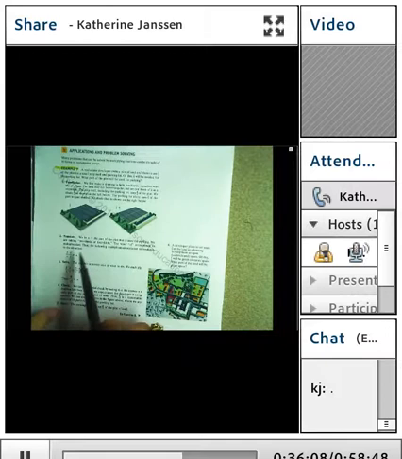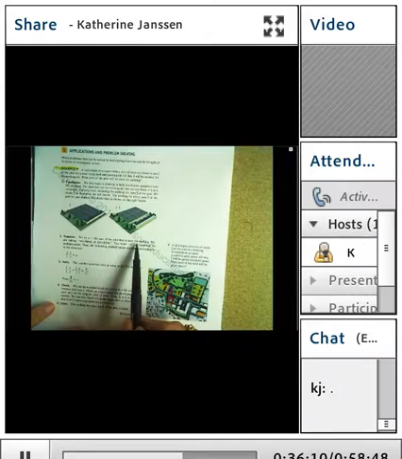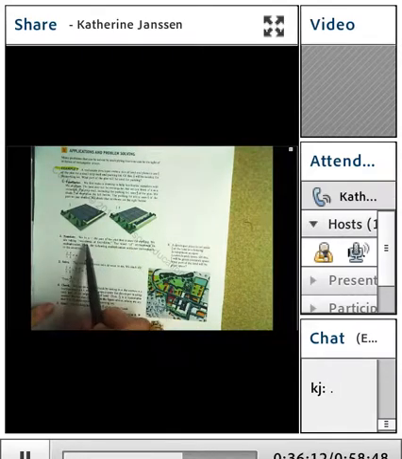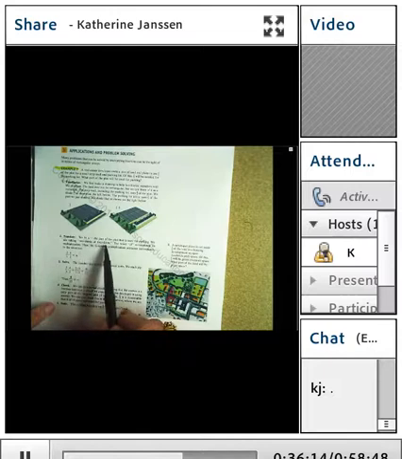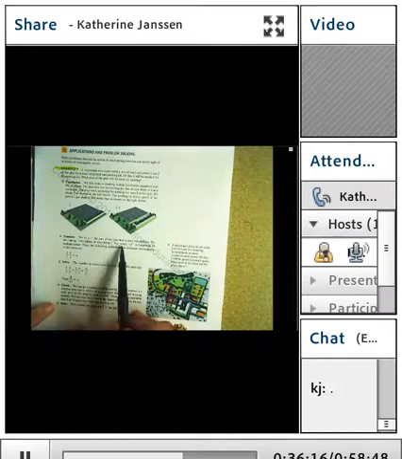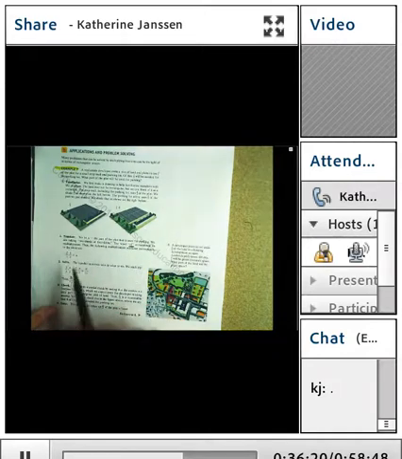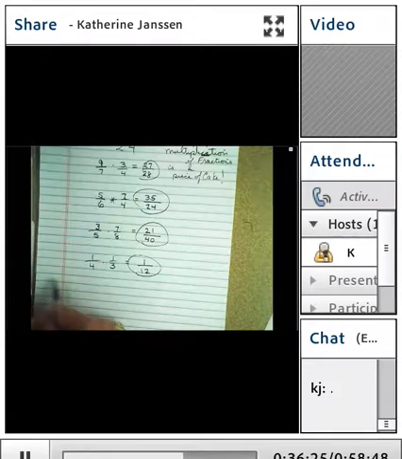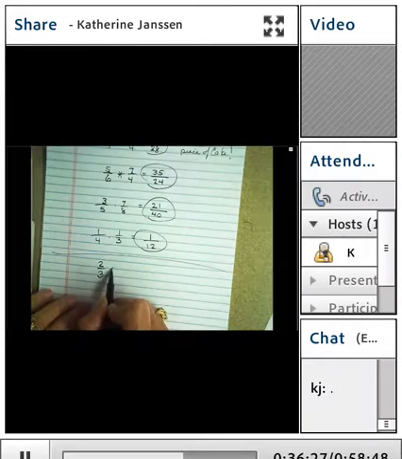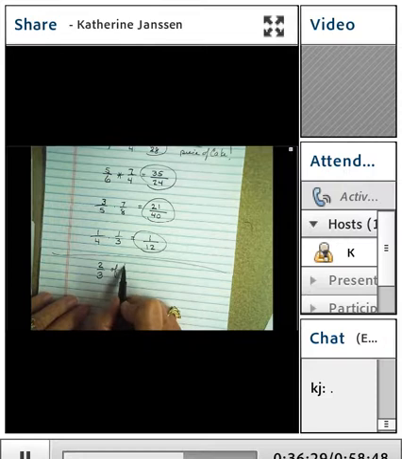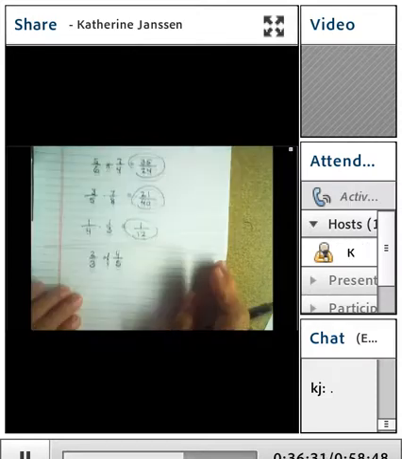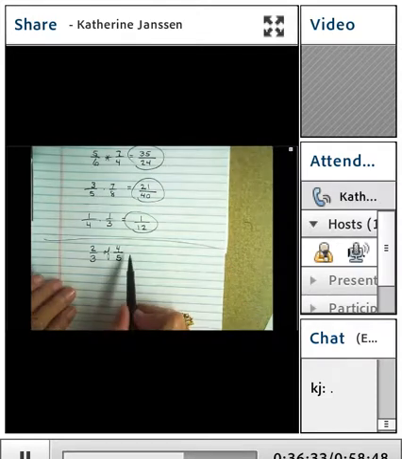If we let n equal the part of the plot that's going to be used for parking, we are taking 2/3 of the original 4/5. The word "of" corresponds to multiplication. So 2/3 times 4/5 is going to equal our parking area. 2/3 of the total parcel of 4/5 will equal our parking lot.